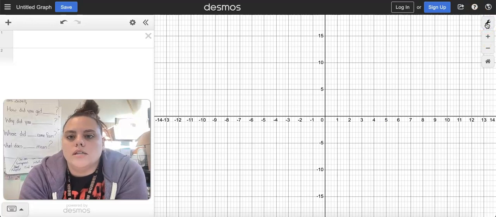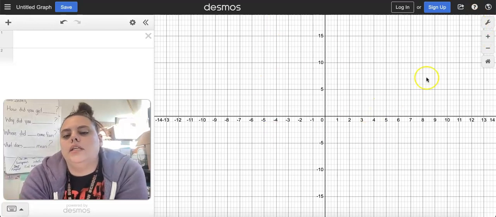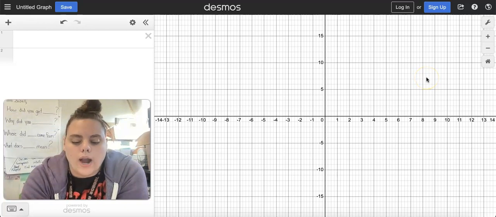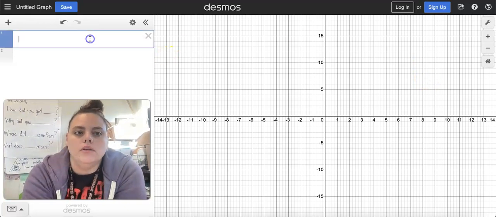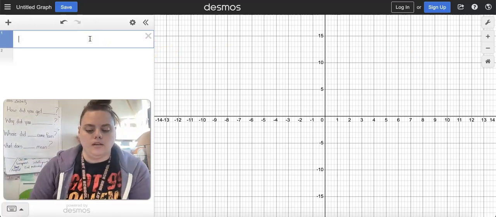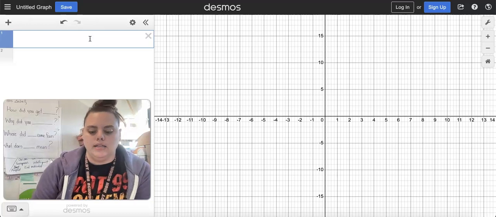You can then close this, and now this is essentially mirroring what your graph should look like. So now I'm going to type in all of my 10 lines.